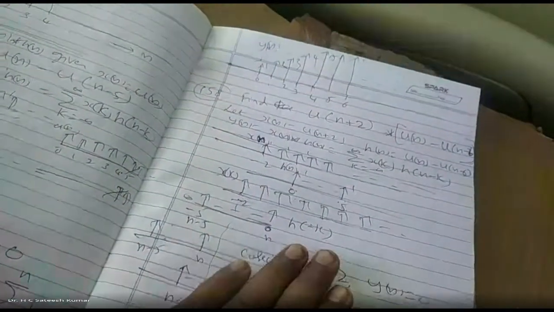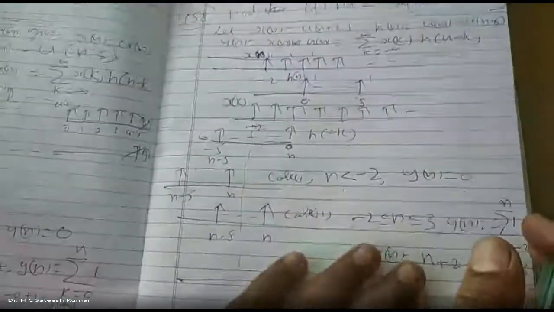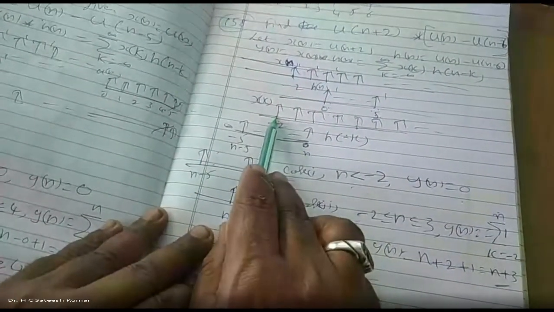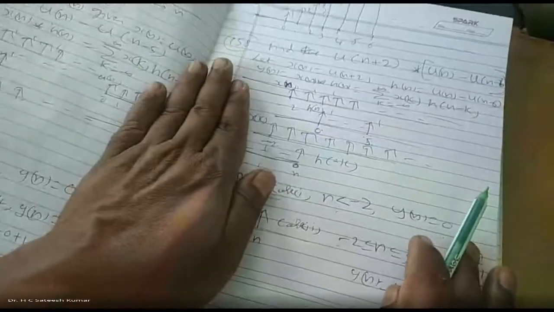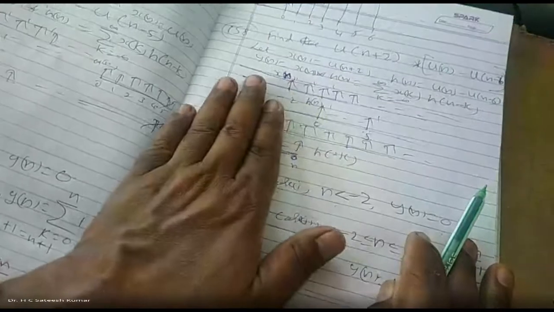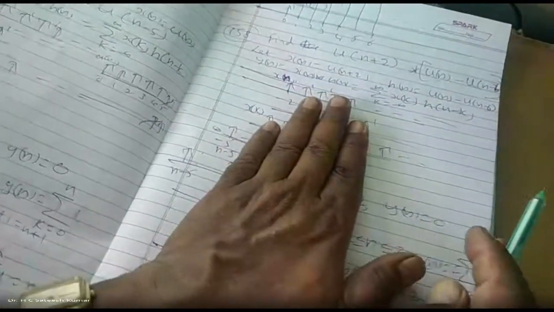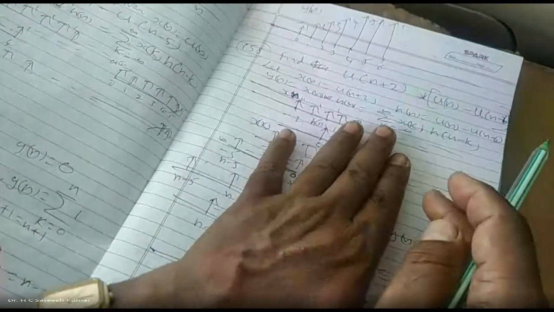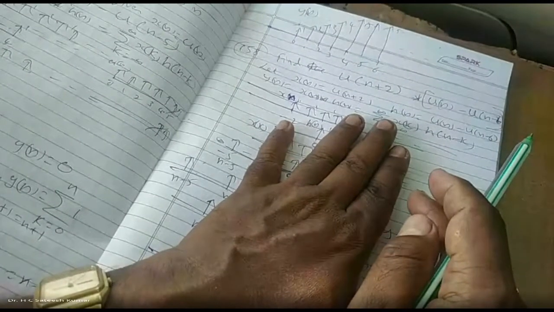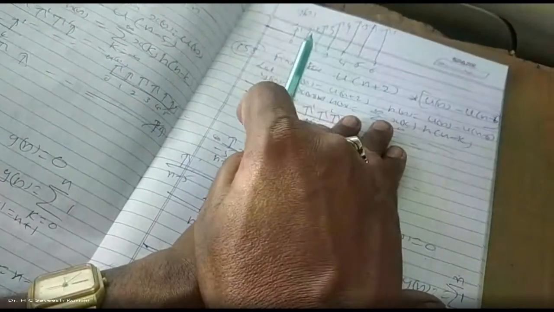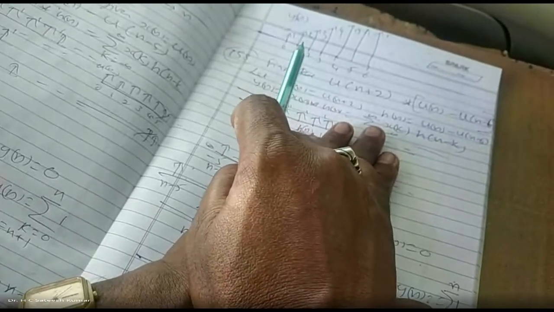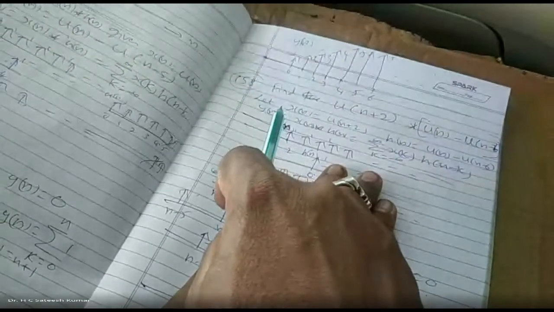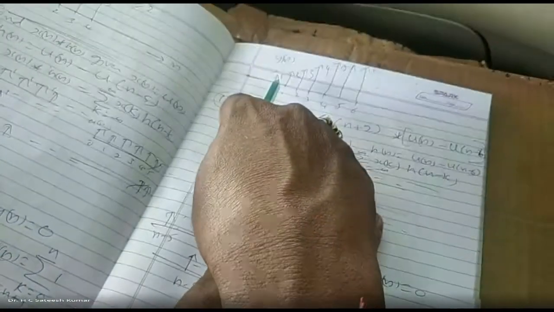Observe carefully. In the second case, the area goes on increasing from minus 2 because the first signal starts from minus 2. Once I cross this, all the elements are overlapped one by one, until the left edge of the second signal is overlapped with the left edge of the first signal.